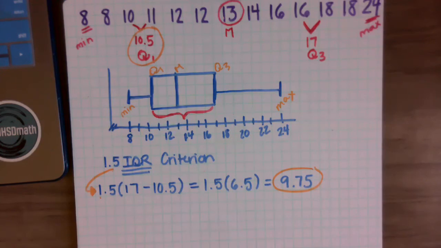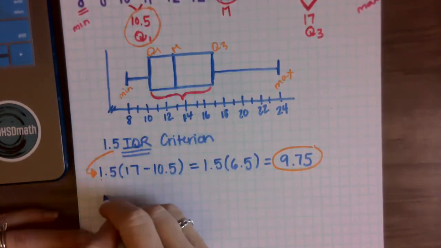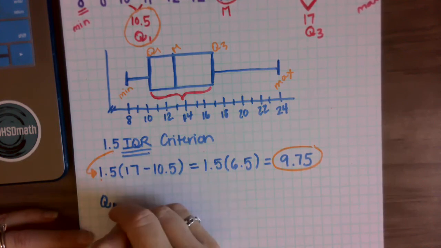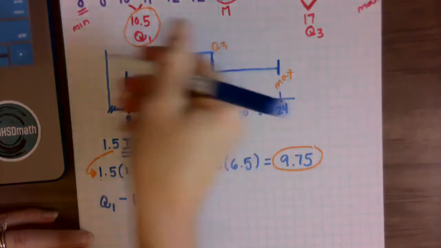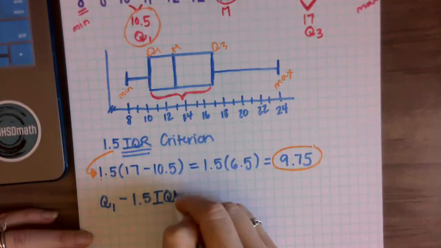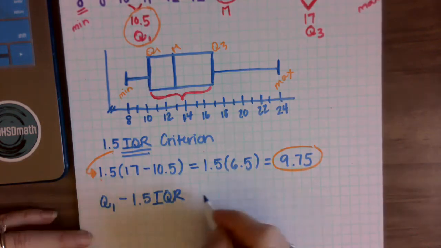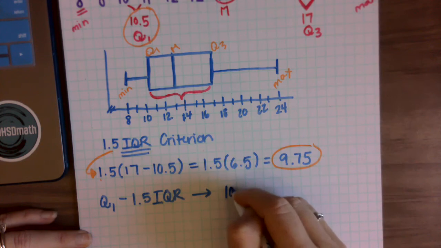The last step in it, now that I have that number, I'm going to take my Q1 and subtract 1.5 IQR from Q1. Like how much further over here? The math behind that: my Q1 is at 10.5.